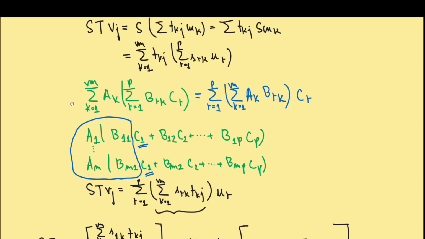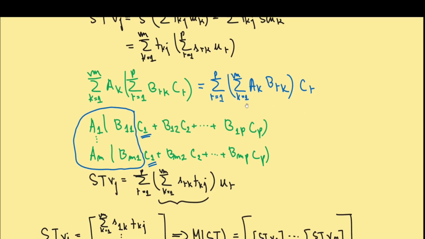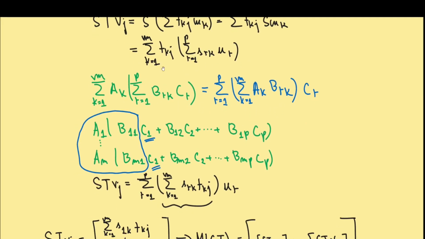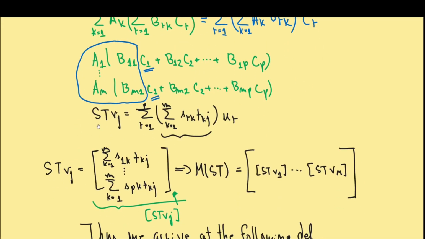So this sum, which is our sum here, is actually equal to this sum, and this form is much nicer for our needs. So using this, we rewrite this as, so ST of Vj will be equal to this sum over here.